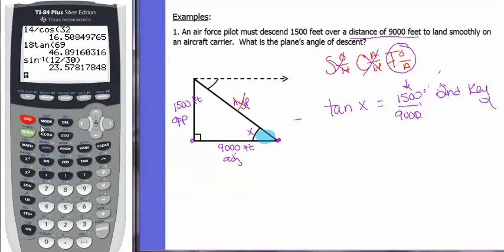I'm going to hit second, and I pick tangent of 1500 divided by 9,000. Oh, I put too many zeros, so I want to make sure I'm good. And when I hit enter, what do I get? 9.46 degrees.